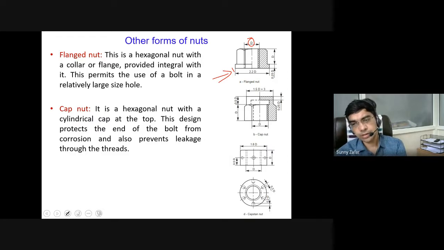So how will the question be formed in the exam or assignment? In the exam or assignment, you will be asked to draw two views, the front view and the top view of a cap nut. For example, a cap nut is given, and you will be given the diameter of the bolt which the nut has to accommodate, say 10 millimeters.